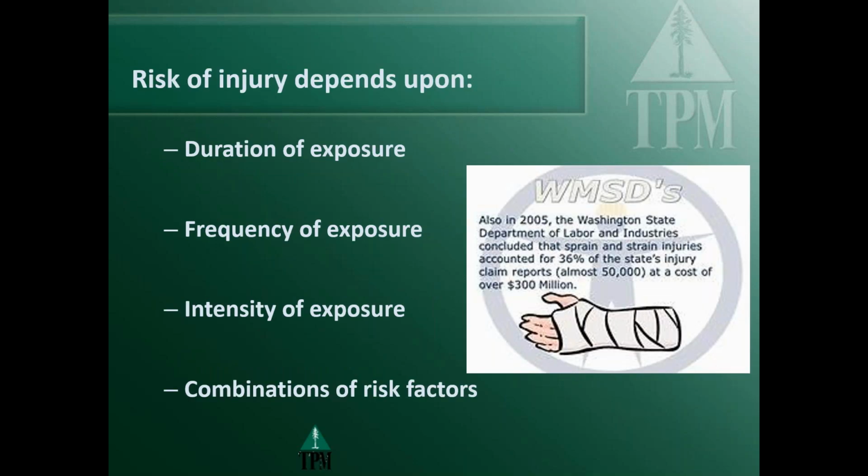And to further complicate that, your risk of injury depends on how long you are exposed to it, how frequently you are exposed to it, and how much you're exposed to it. If you combine all these different risk factors, the more risk factors you have, the likelihood and the severity of your injury goes up.